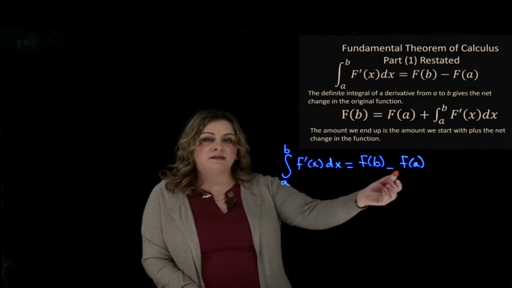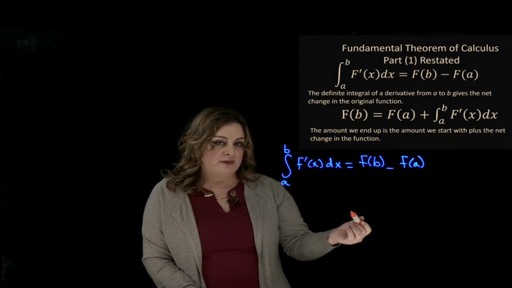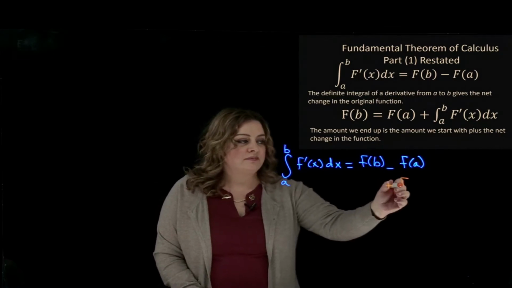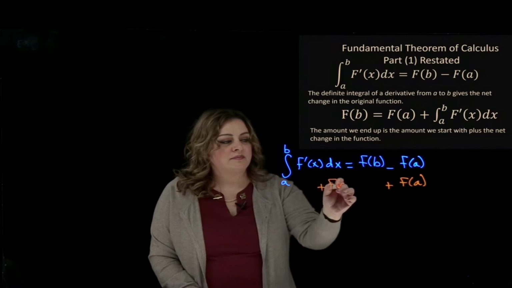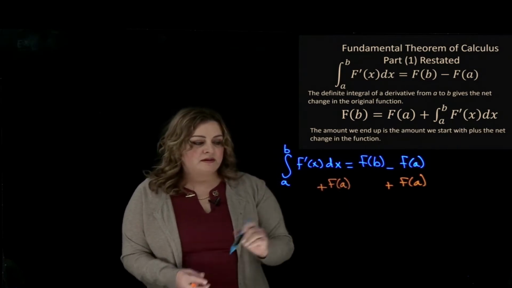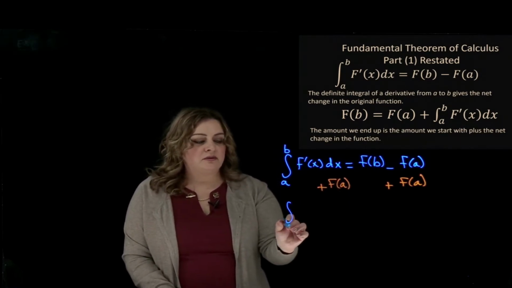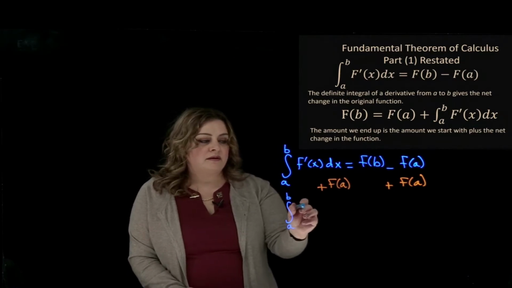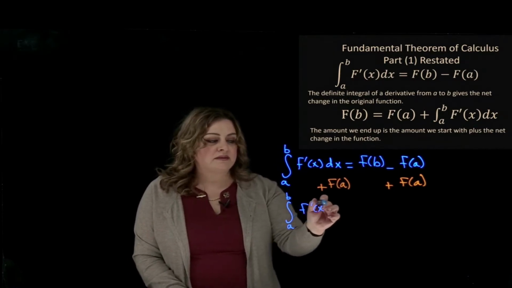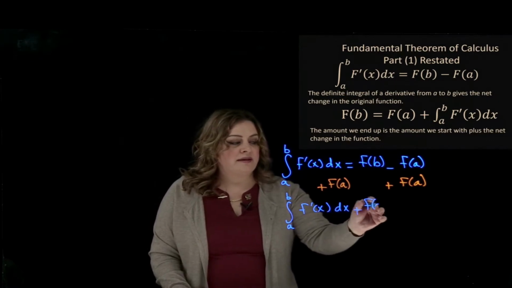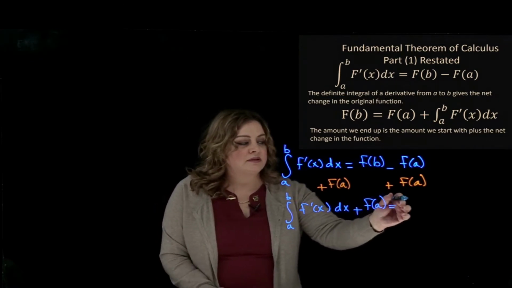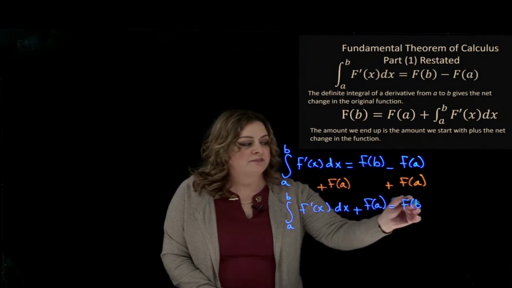We will add big F of a to both sides of the equation. We will have the integral from a to b of big F prime of x dx plus big F of a equals big F of b.